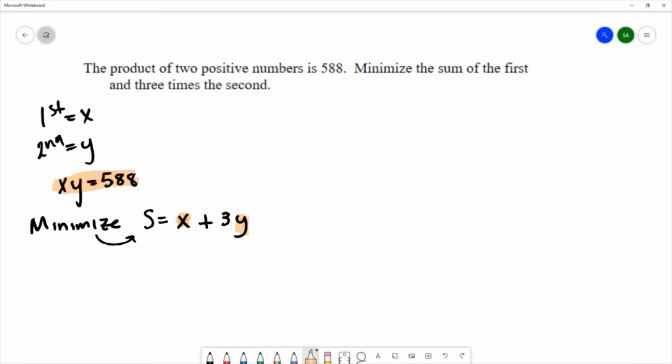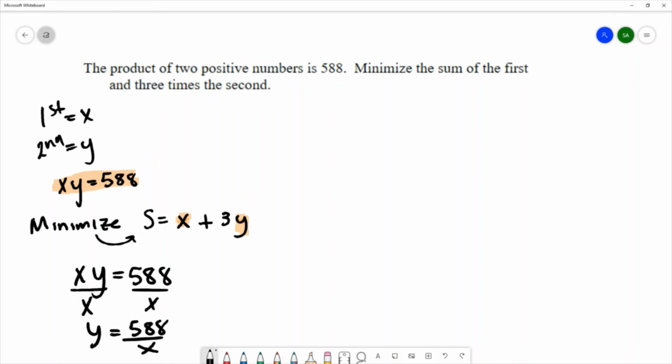You can either solve for x or solve for y; I don't think it matters which one. Let's solve for y. I'll divide by x, and that gives me y equals 588 over x.